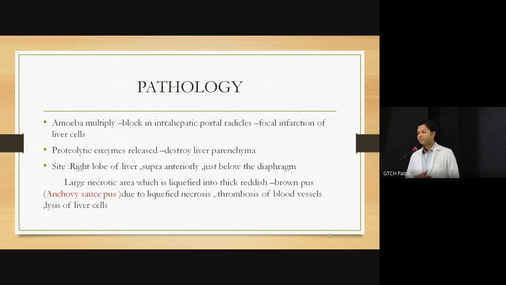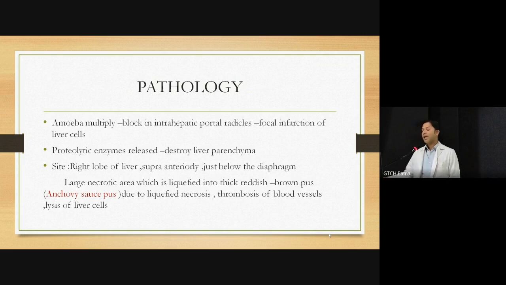Pathology. Amoeba multiply and block the intrahepatic portal radicals, causing focal infarction of the liver cells, as the blood supply is restrained or stopped. Proteolytic enzymes are released which destroy the liver parenchyma. In the right lobe of the liver, supero-anteriorly, just below the diaphragm, there is a large necrotic area liquefied into thick reddish-brown pus.